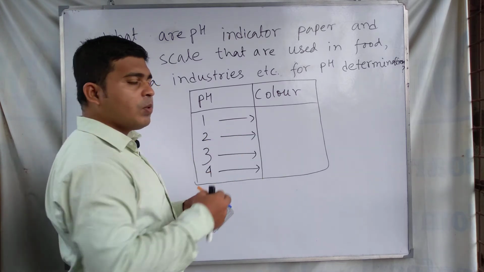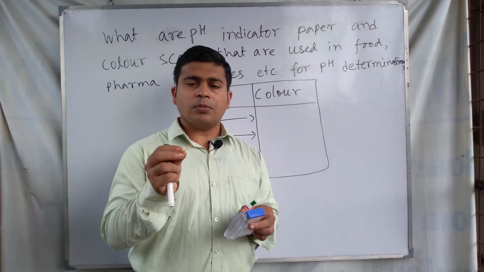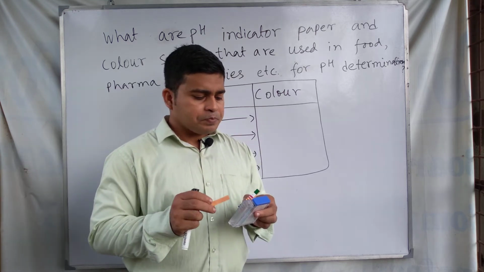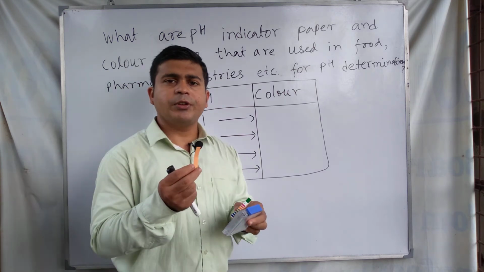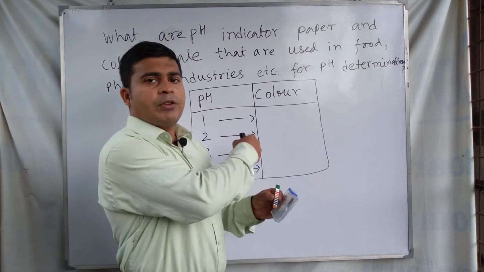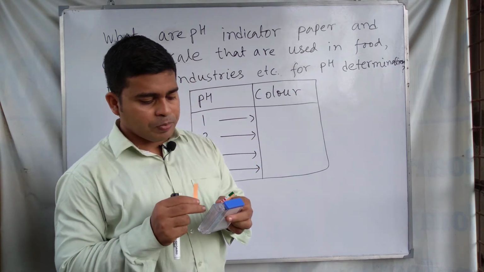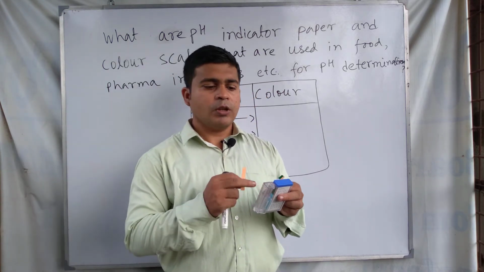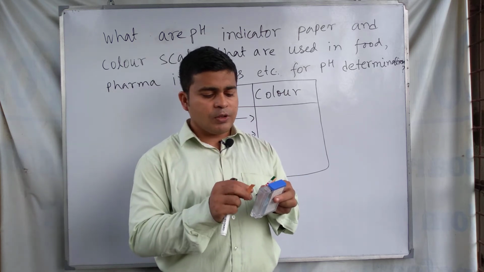After dipping the indicator strip in the solution, you compare the color change on the strip with the chart. Suppose you find a deep pink color, then the pH is 2 here. So you compare the color with this scale.